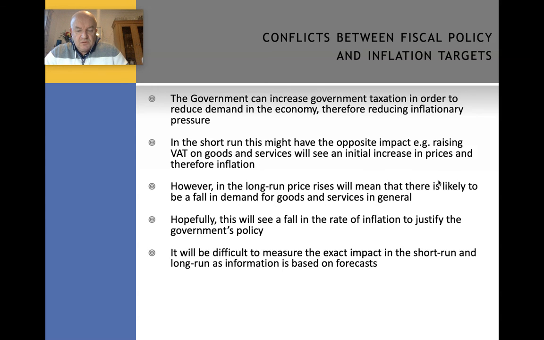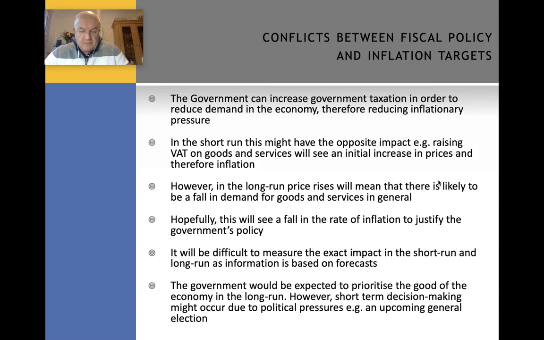It's clearly going to be quite difficult to measure the exact impact in the long and short run, because a lot of this information is based on forecasts and then either proven or not proven when you look at the actual figures. And clearly in this situation, the government would be expected to prioritise the good of the economy in the long run.